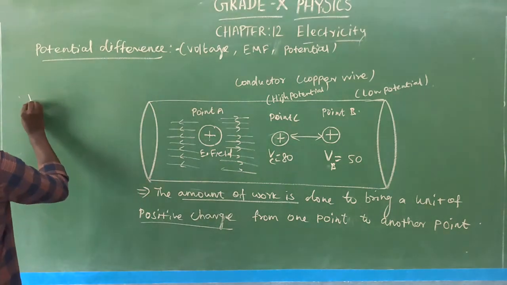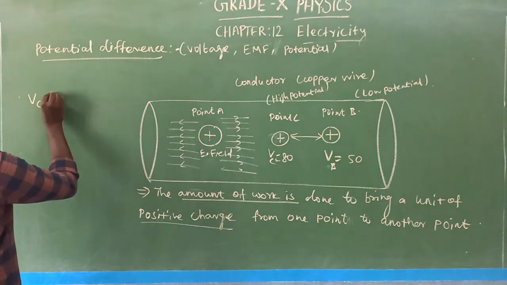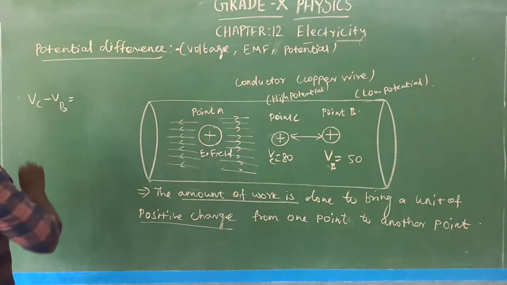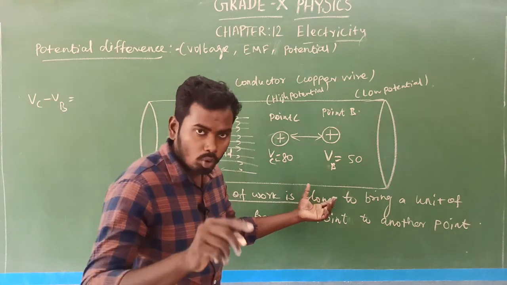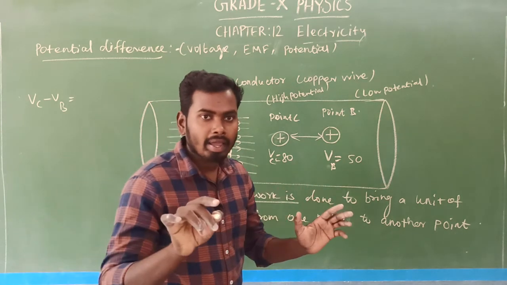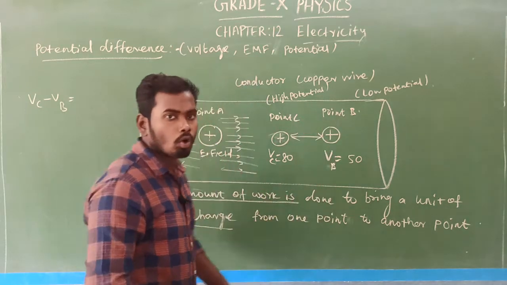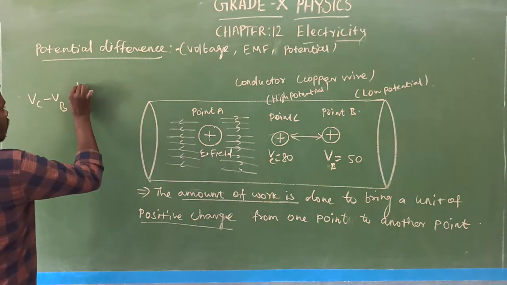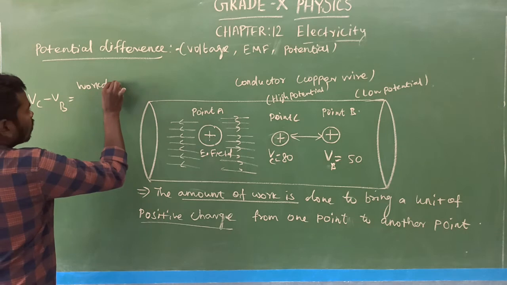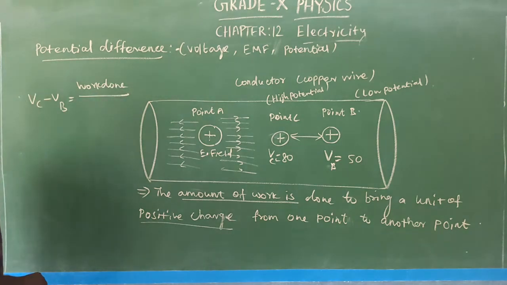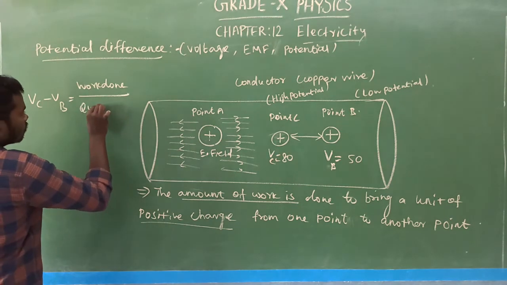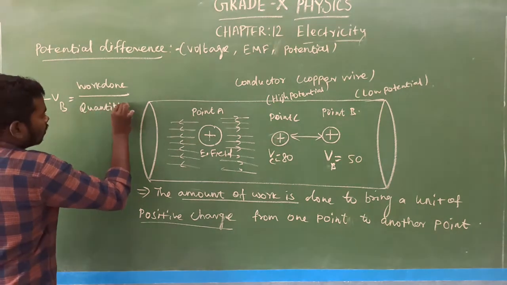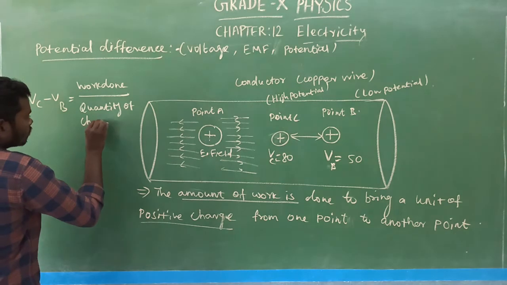So VC minus VB is equal to the amount of work done divided by the quantity of charge moved.